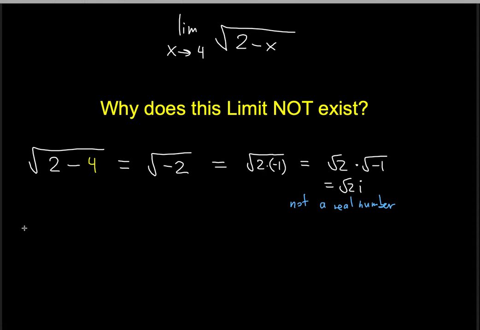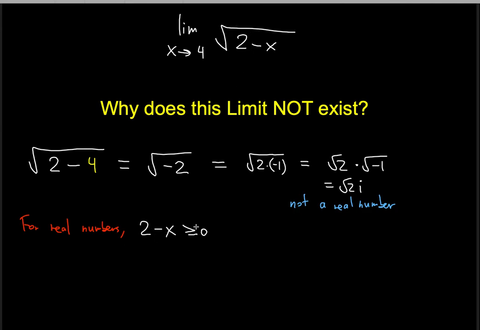Now, for real numbers, we have to have 2 minus x greater than or equal to 0. Right? Because we can have 0 and positive in order for the square root to be defined.